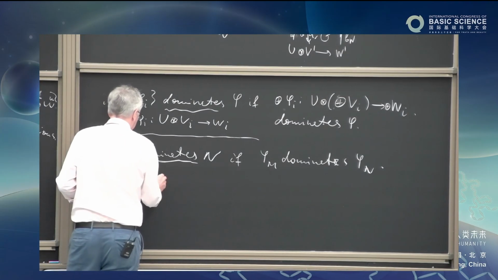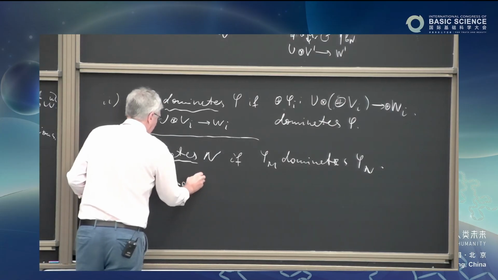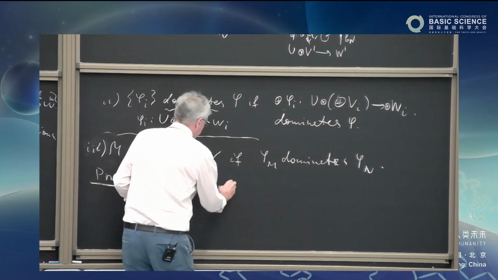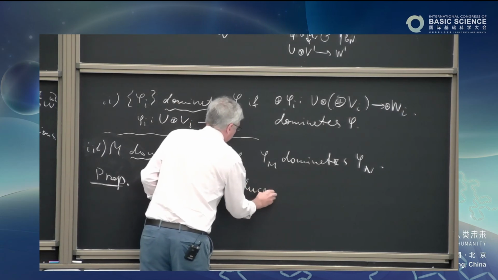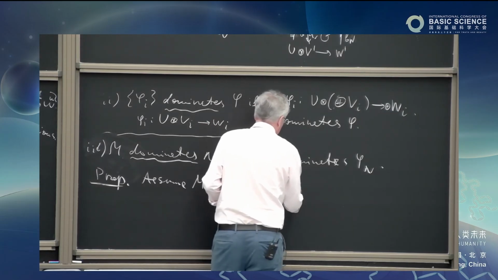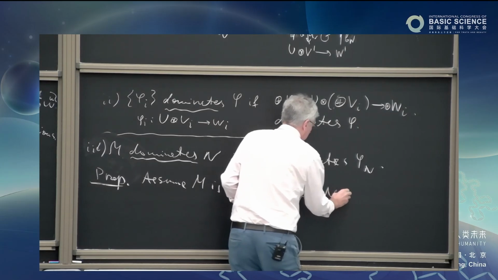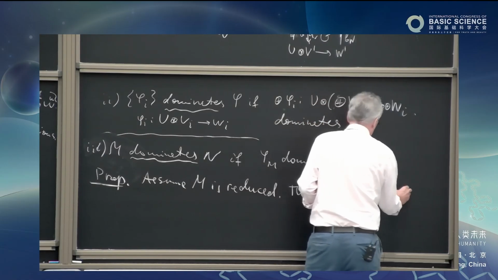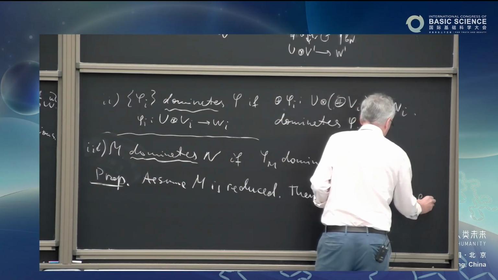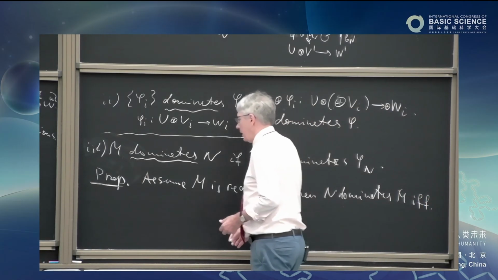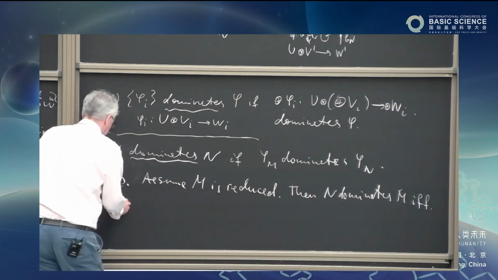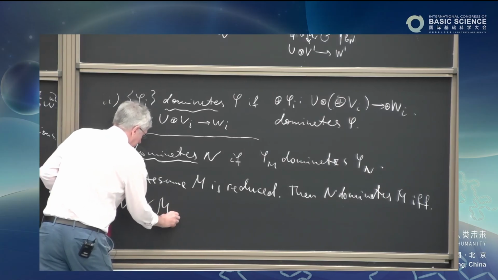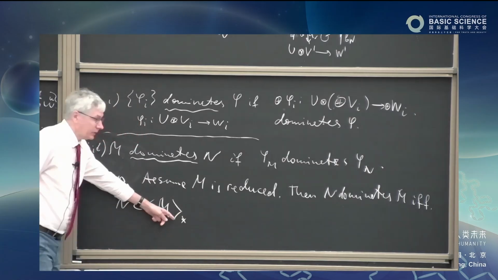So theorem or proposition or whatever. Assume M is reduced. Then N dominates M if and only if, maybe I should introduce more, N belongs to, let me denote, it's kind of an ideal with respect to the star product.